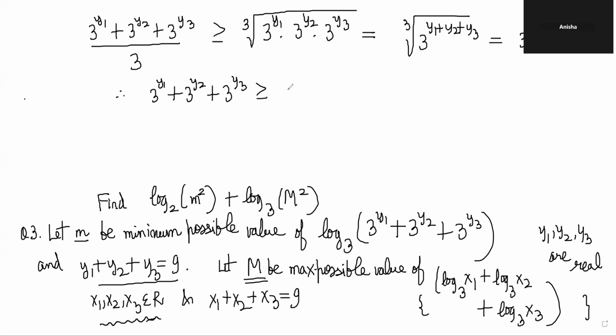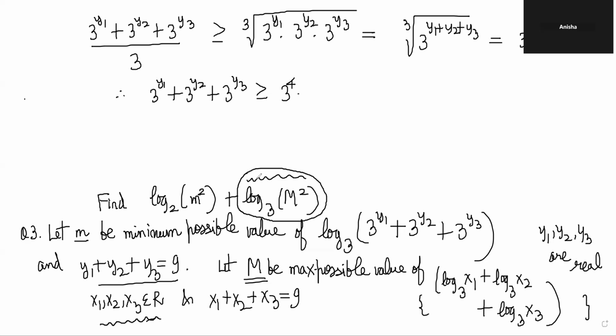Sir, log 2 of 4 square will give us 4, and then log 2 of 3 square will give us 2, right? So 6. This is log 3 of M square. Yes, sir, so log 3 only. So 3 square becomes 2, right? Wait, what is going on? Capital M is 3, small m is 4. That's what you are getting, right?